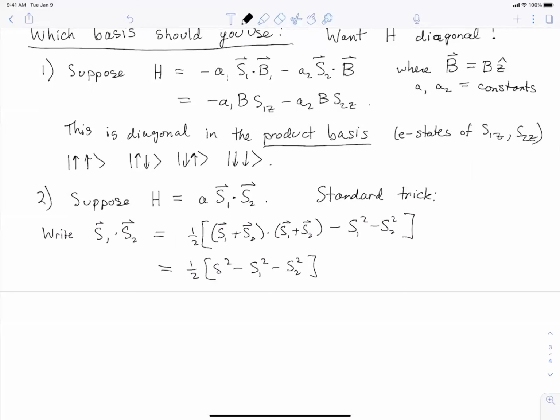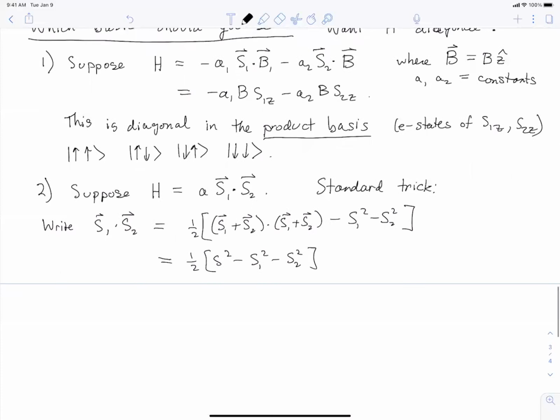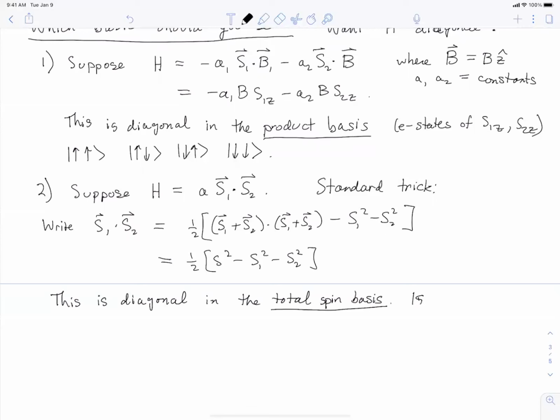Okay, and the nice thing about that is that's diagonal in the total angular momentum basis. Okay, or in this case, if they're spins, this is diagonal in the total spin basis, where the eigenstates are labeled by S and M. Or maybe I should call it M sub S, just to be clear about which M it is.